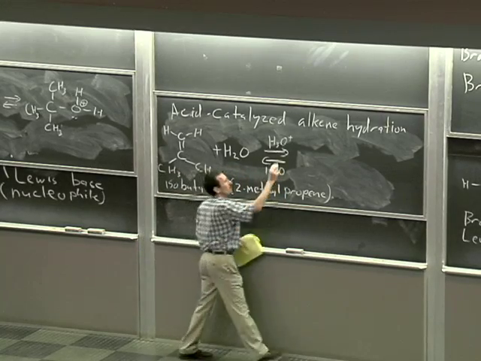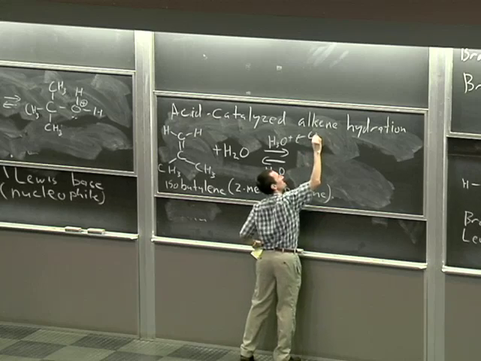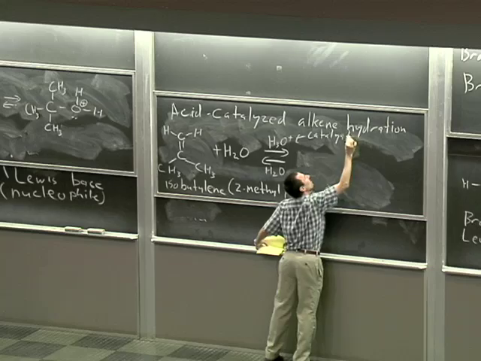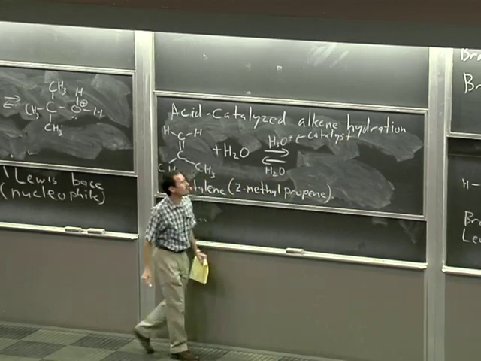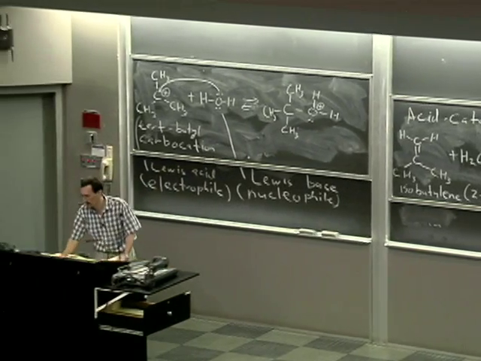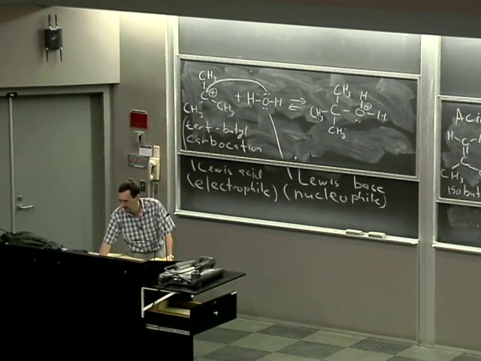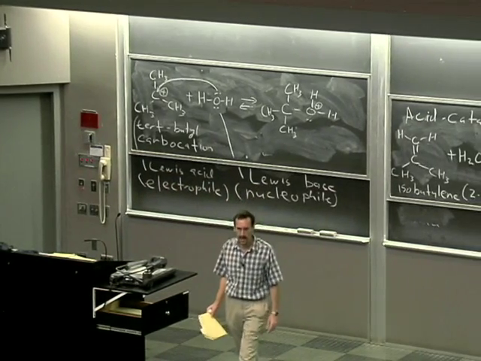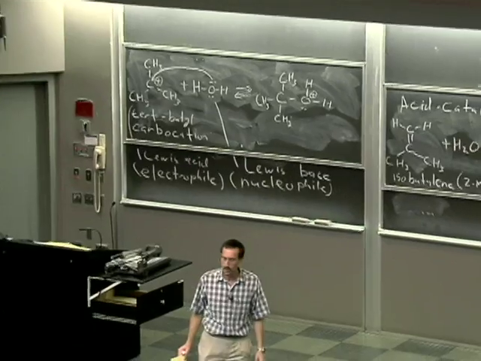And I'll point out that the H3O plus is a catalyst. As I've said before, you can't go into the stock room and get a bottle of H3O plus. You always form H3O plus by adding a strong acid to water.